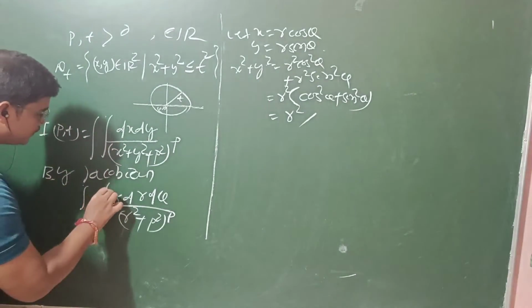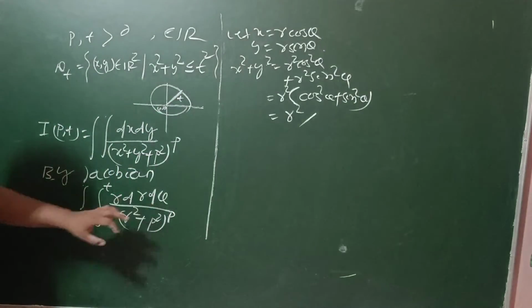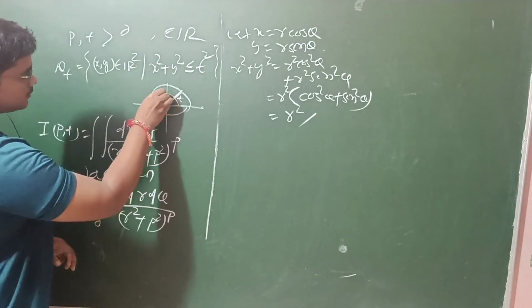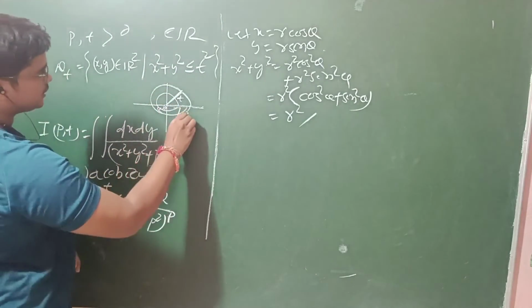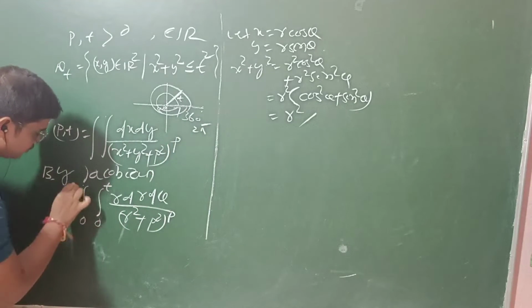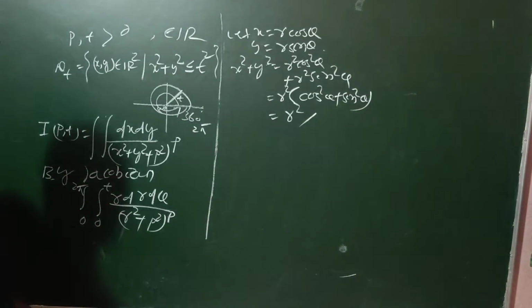Now take limit from r 0 to t. Radius is 0 to t, and theta moving totally 360 degrees implies 2 pi. So theta is 0 to 2 pi.